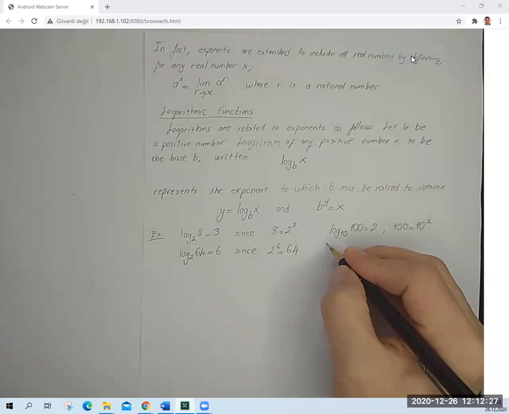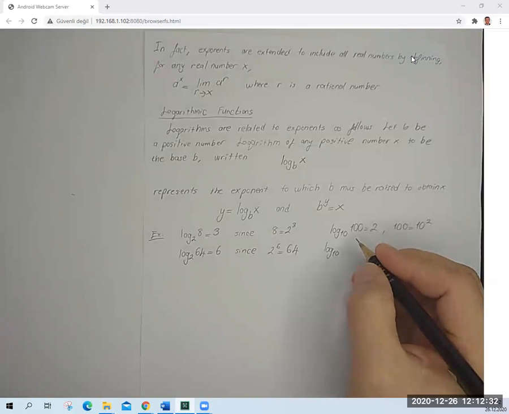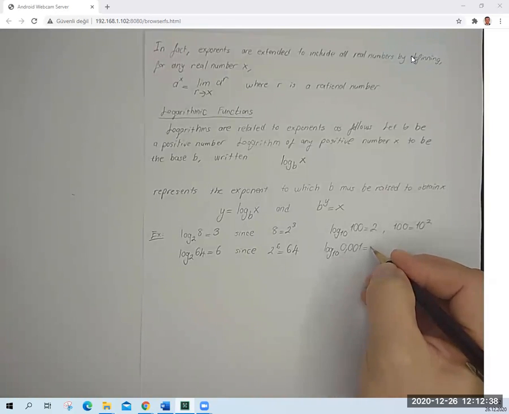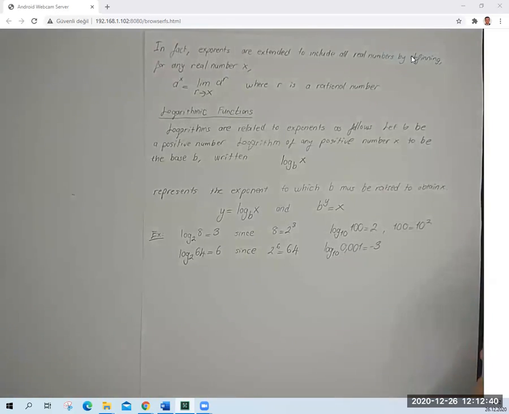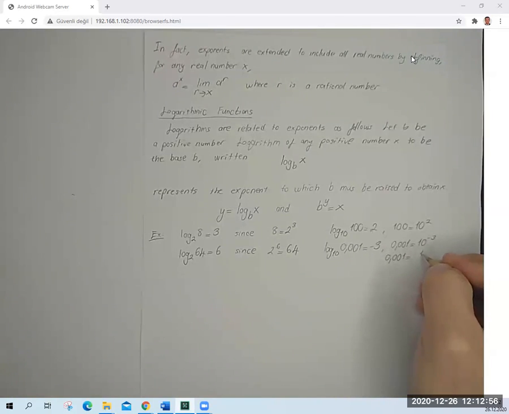And if there is a logarithmic function with base 10 of 0.001, this is going to be equal to minus 3. So how does it work? 0.001 is equal to 10 to the power minus 3. So this is also equal to 0.001, 1 over 10 to the power 3.